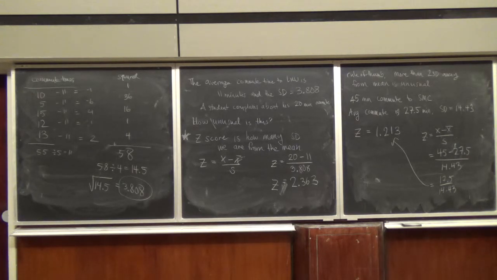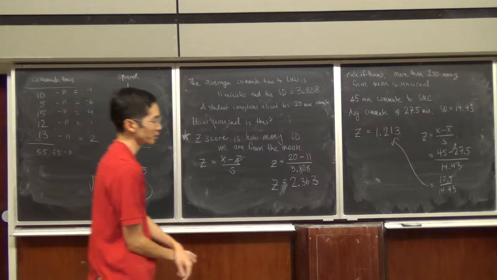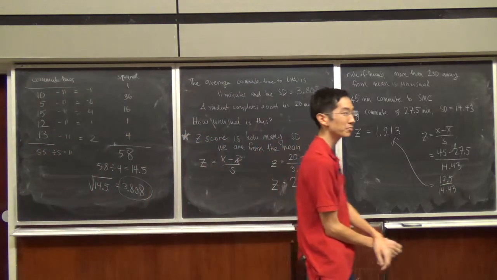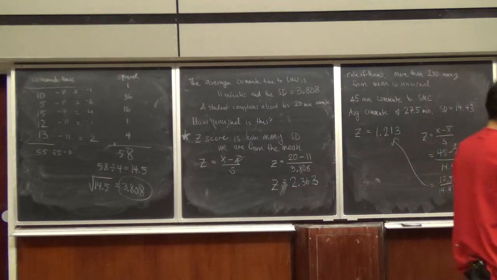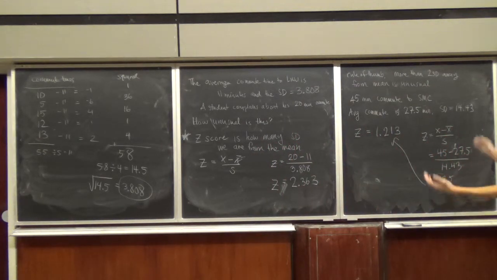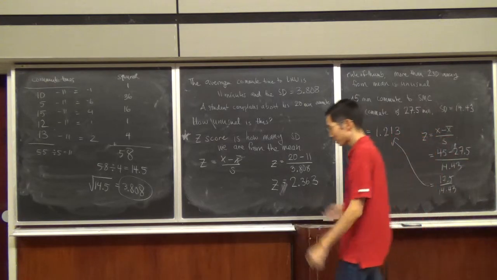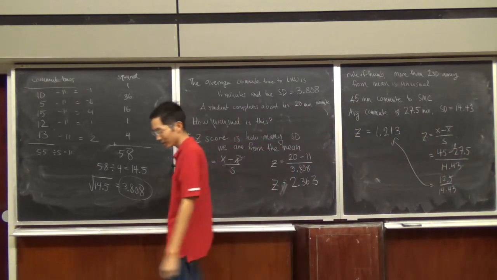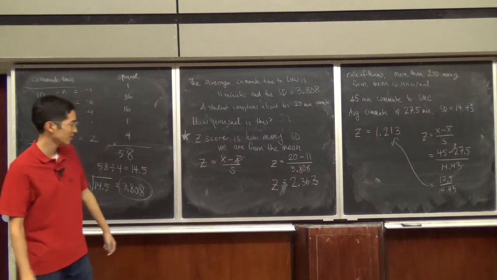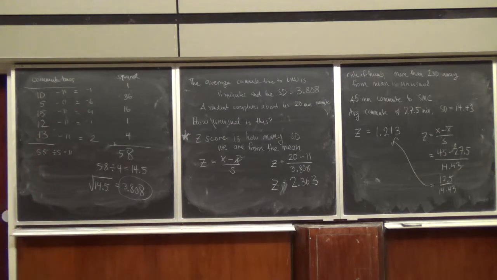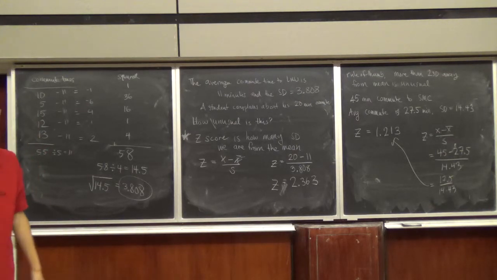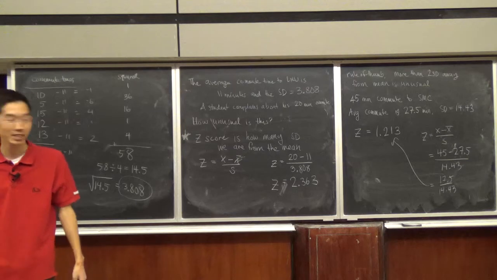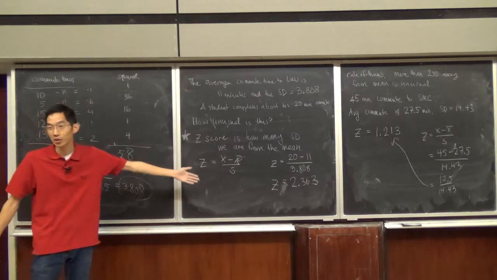So that would be considered a very usual value. It would not be considered unusual. Okay? So, does the student at LMU have any credence to his claim that his commute is so terrible? Yeah. He's more than 2 standard deviations away.